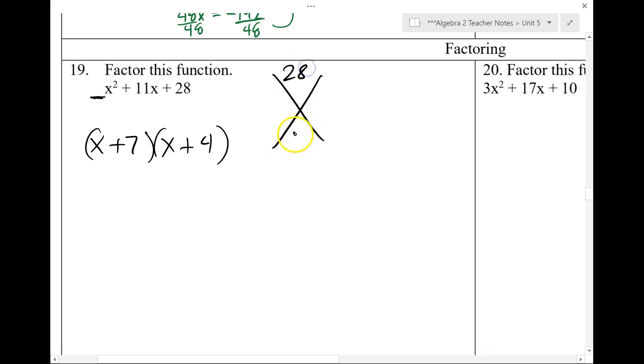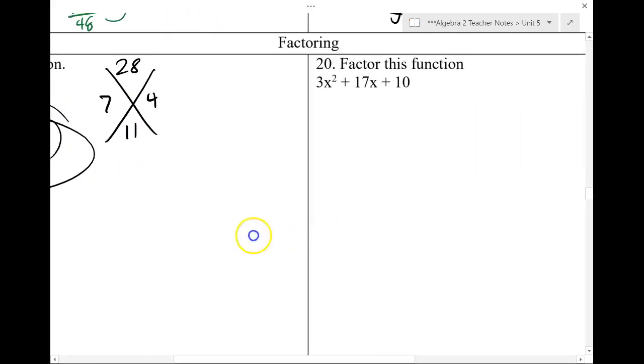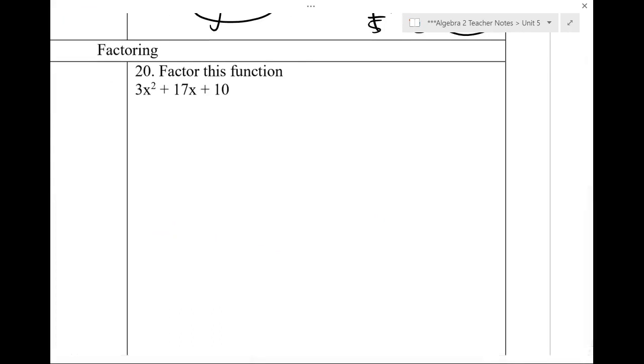Put the 28 on top, 11 on the bottom, and do the same thing. What do I add to get 11 and multiply to get 28? Well, 7 and 4. Okay? And there's your all factored out. Now this next one, like I said, if that leading coefficient is bigger than 1, we can't do just the regular reverse FOIL magic x. You got to do 2 steps.